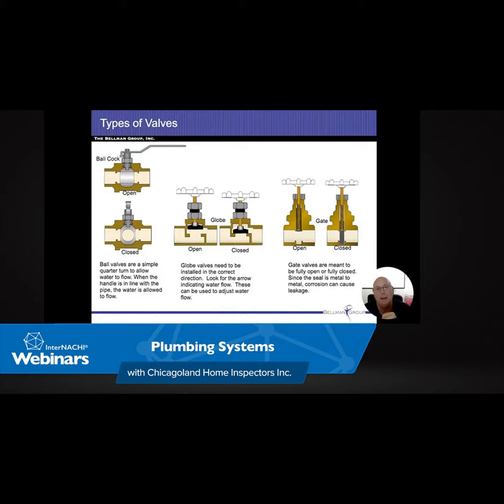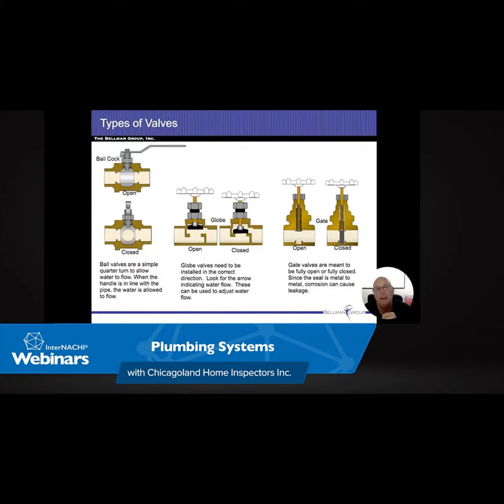I do want you to know the difference between a centrifugal pump and a positive displacement pump. A positive displacement pump can pump air, a centrifugal pump cannot. A positive displacement pump has a defined amount of water that moves for every stroke that it makes. A centrifugal pump creates pressure.